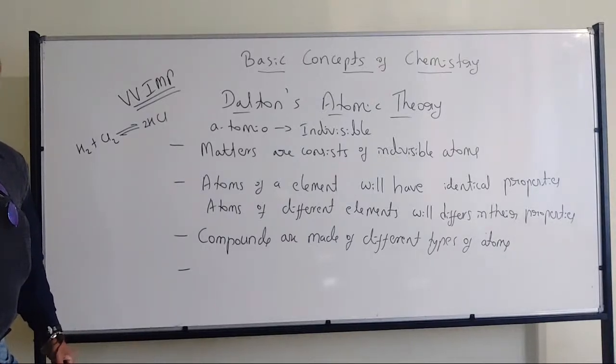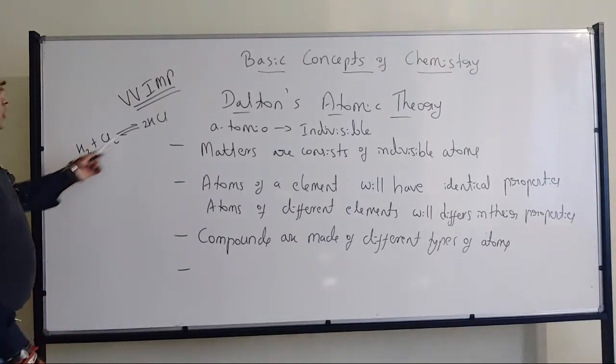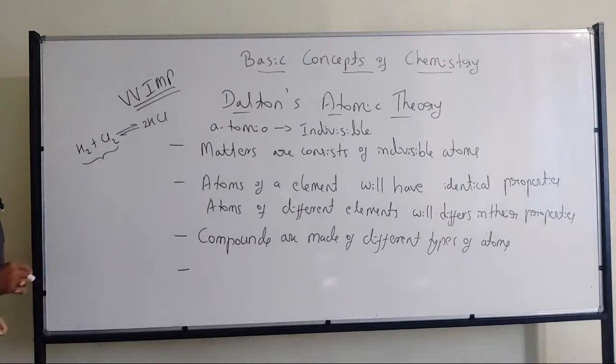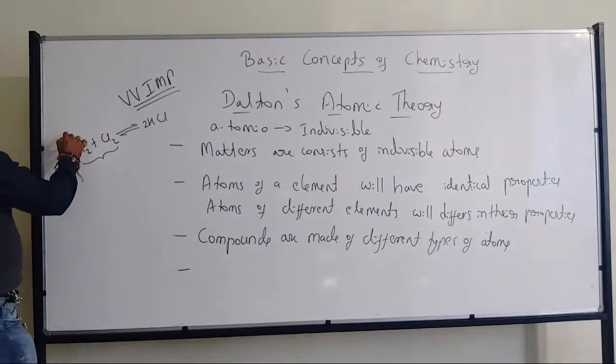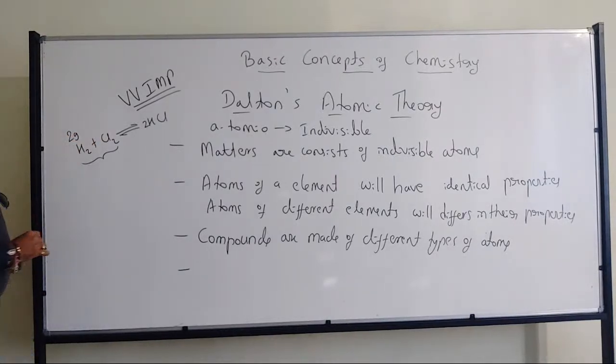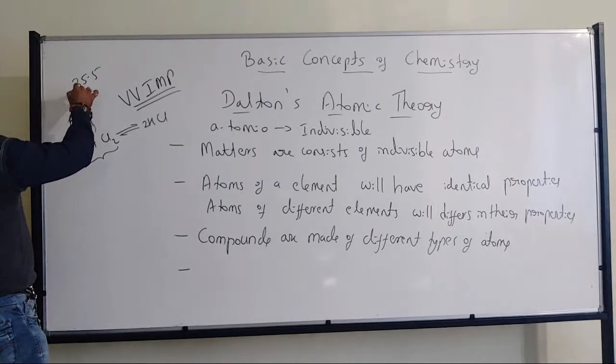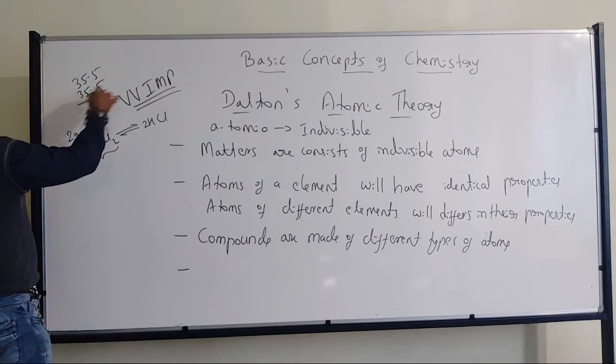Fine. Now, if I want to see the total mass on the left hand side, what is that total mass? That is 2 grams for the hydrogen molecule. Then for chlorine, it will be 35.5. It will be how much?